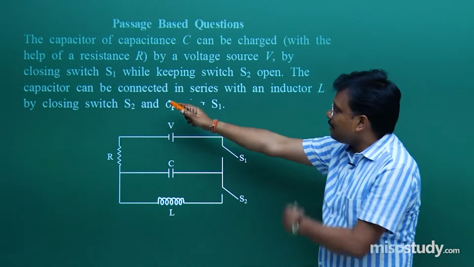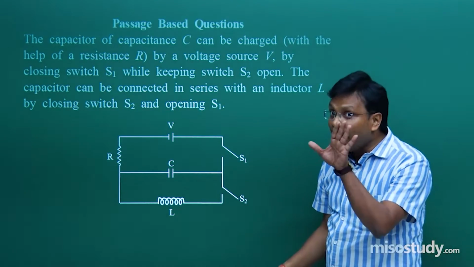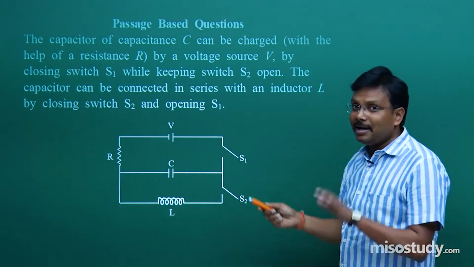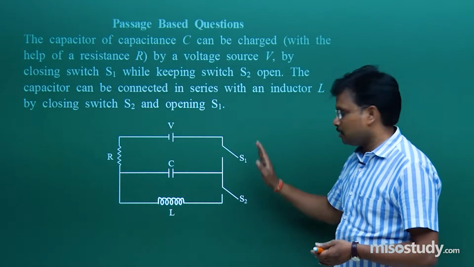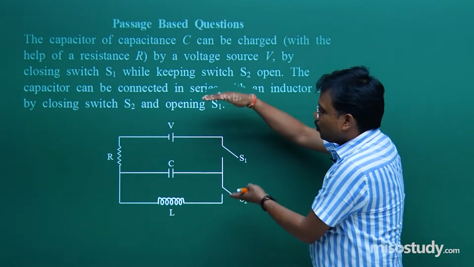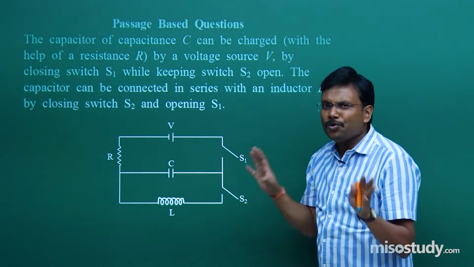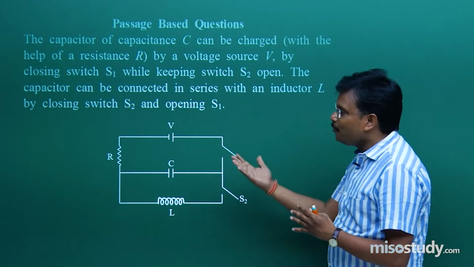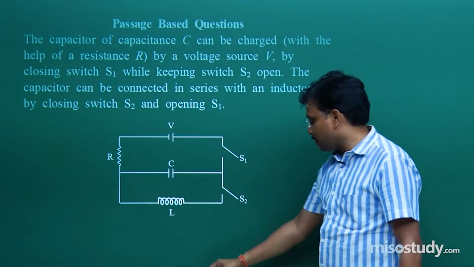The capacitor can be connected in series with an inductor by closing S2 and opening S1. So it is your choice: close, open, close, open. Now, please take a look at this circuit for a few seconds. Close your eyes, put it in your mind, because now I am moving on to the first question based upon this paragraph.